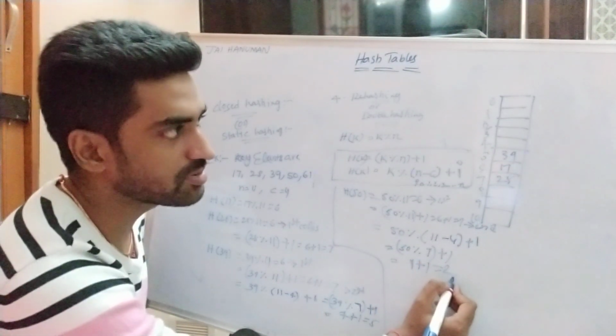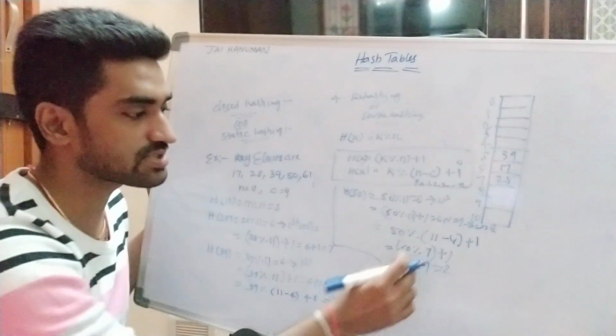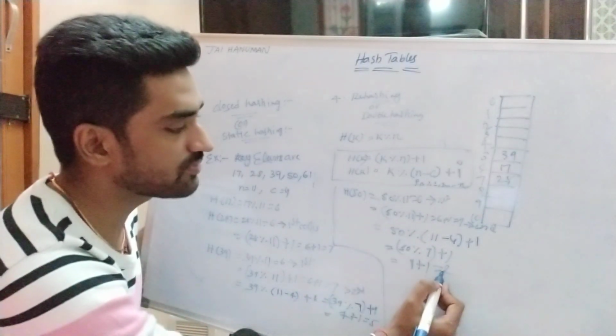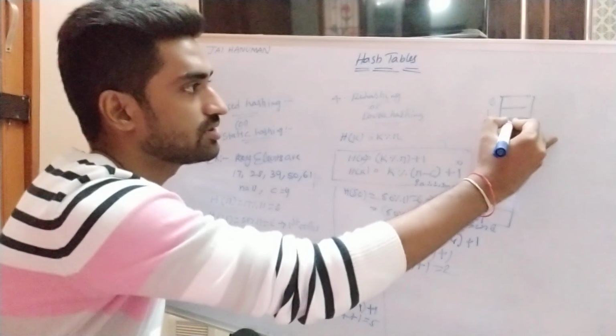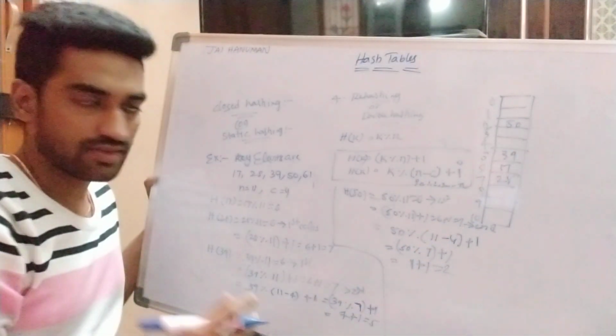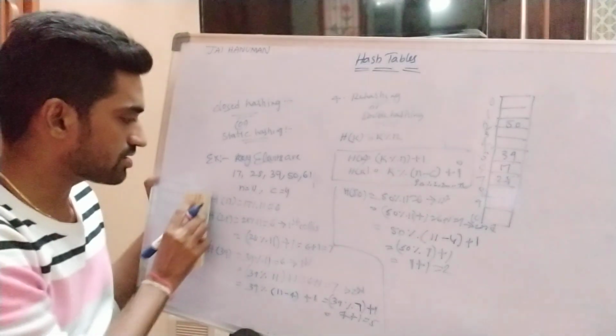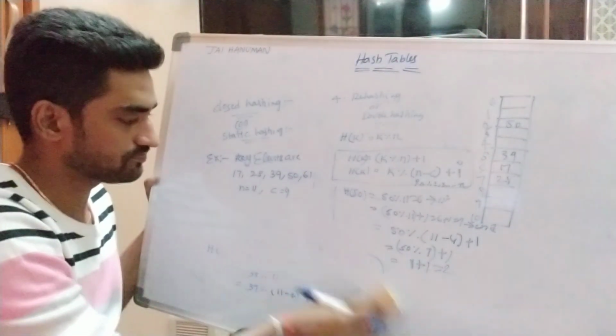So at second position we are not placing any element, so that's why collision is not occurred. Directly 50 is placed at second place of the hash table. So here 50.